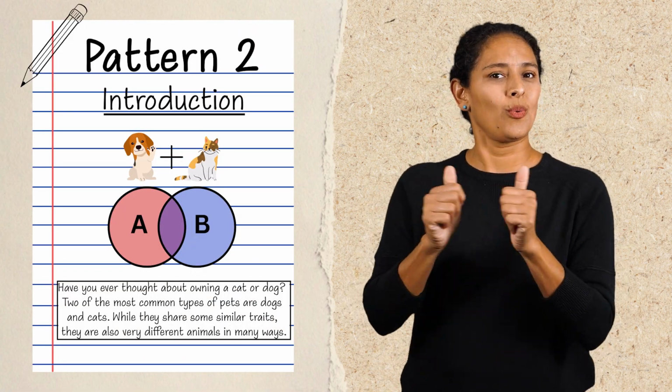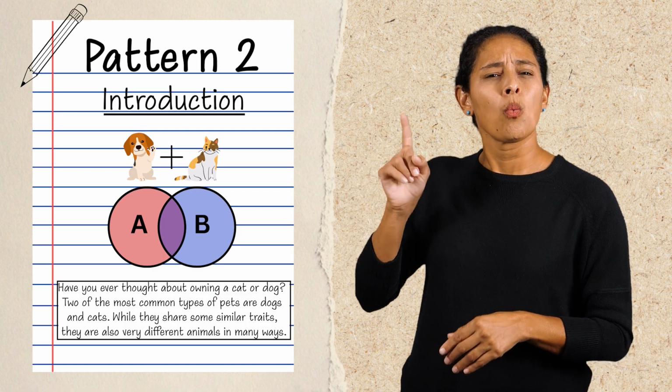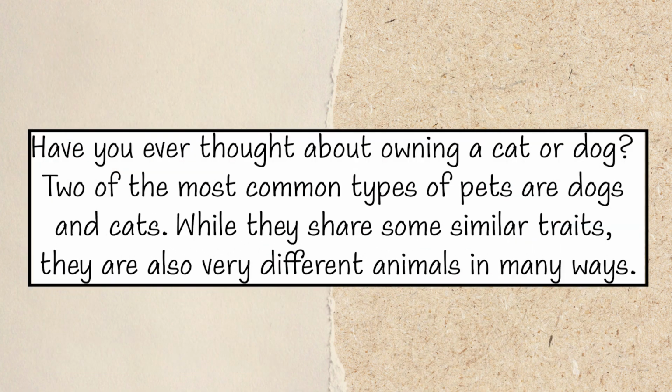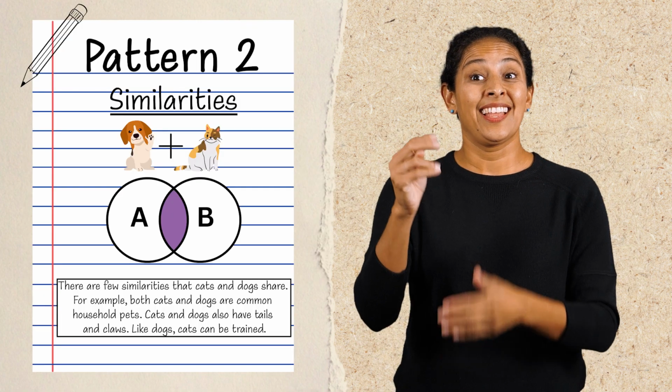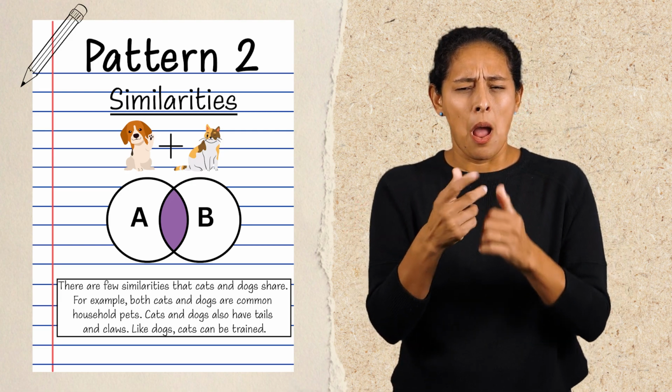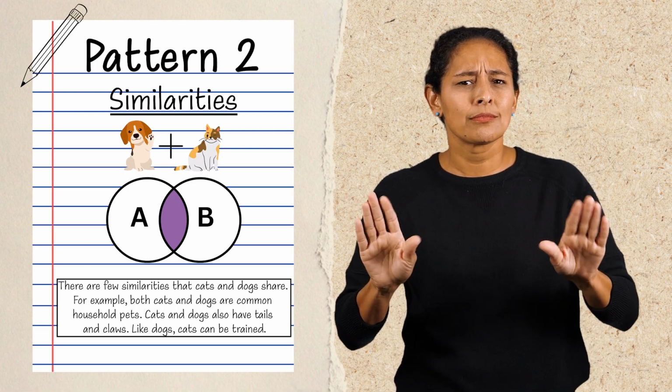You can see that I start with my introduction, where I mention both cats and dogs. Then, I talk about dogs and cats and how they are both the same in some ways.